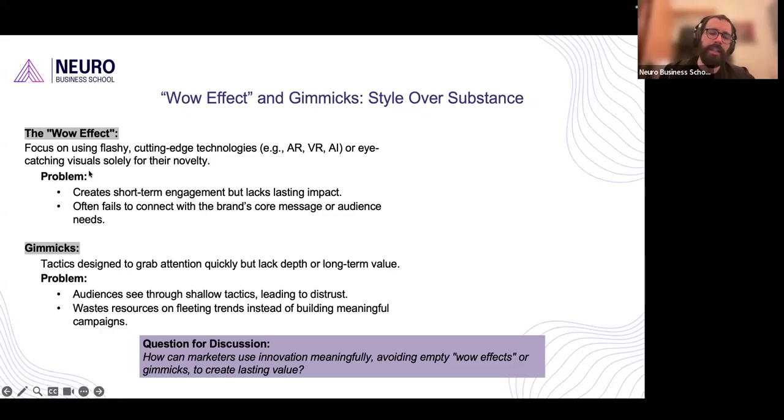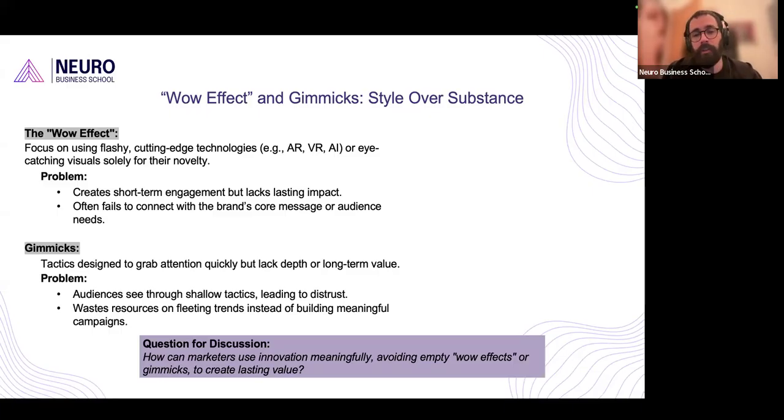The wow effect is just a way to talk about the concept of using a cutting edge technology like artificial intelligence, augmented reality, virtual reality, this kind of eye-catching visuals, okay, or maybe something that is so novel that makes us feel that we need to use that technology in order to get the attention of our audience, and we really want to be the trendiest professional in the world, and trying to implement and apply so many new and fancy technologies in our campaign, our strategy.